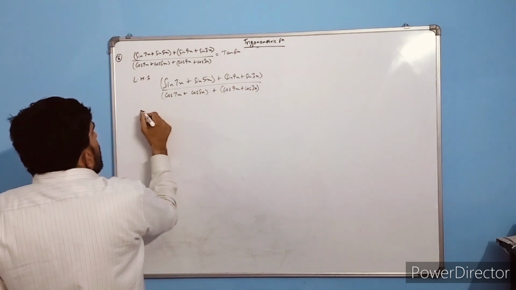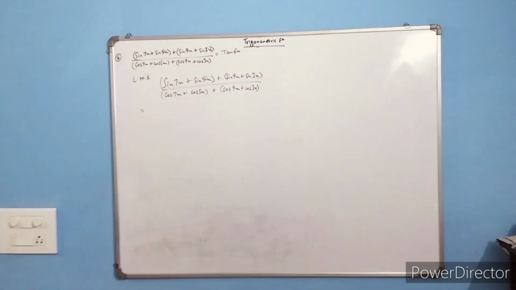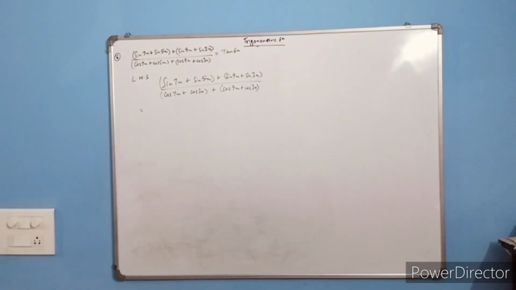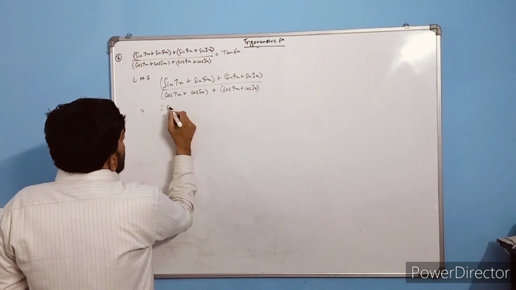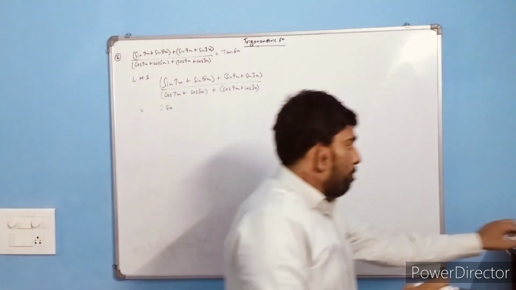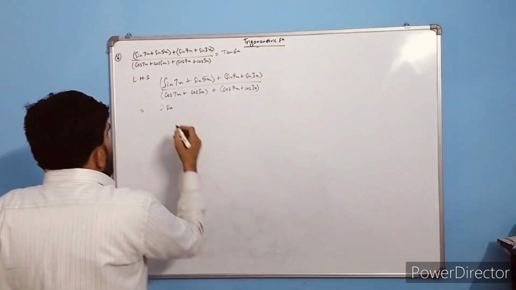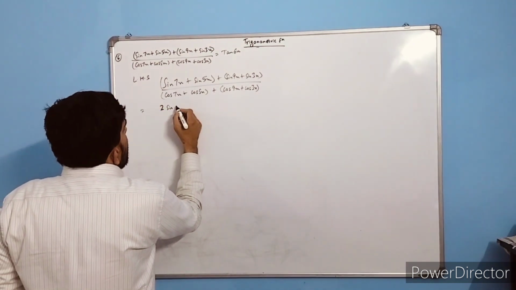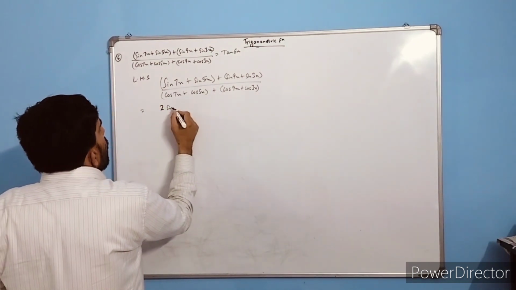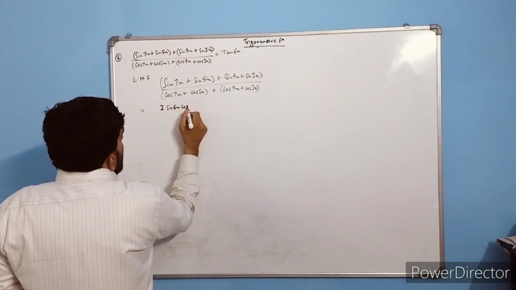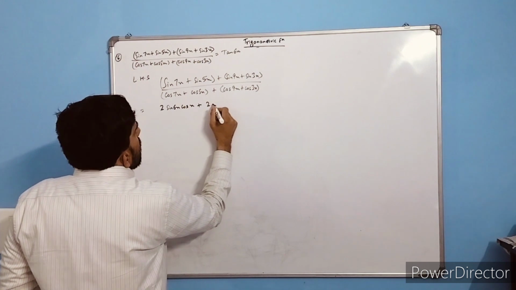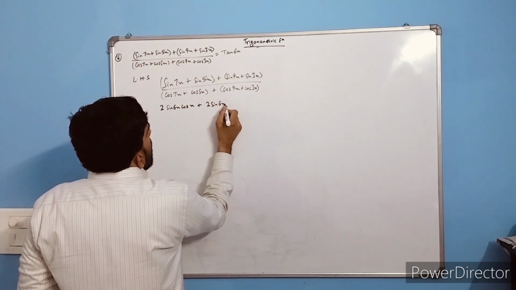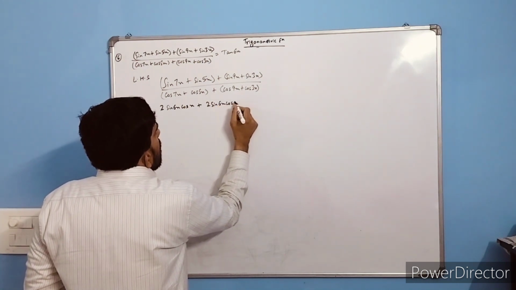Okay. Now we can apply the formula here. That is for sin x plus sin y, we have 2 sin x plus y by 2 cos x minus y by 2. Similarly, here also we get sin 6x and cos 3x.